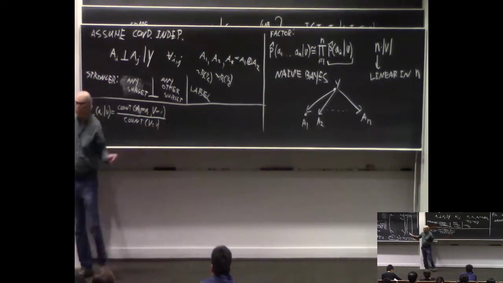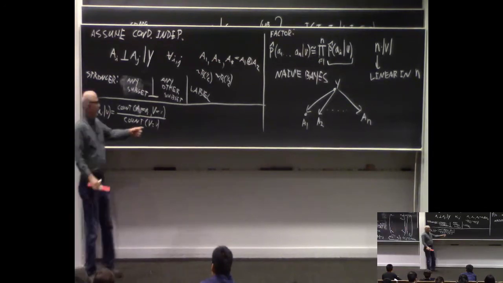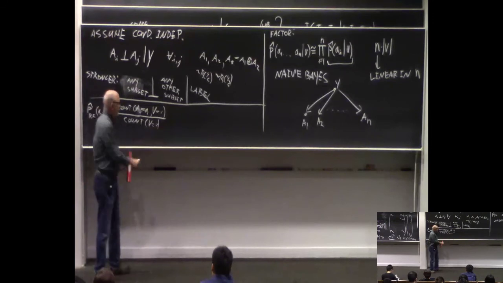When I wrote count of V somewhere else, this is equivalent to how many times the random variable big V takes on the value small v.